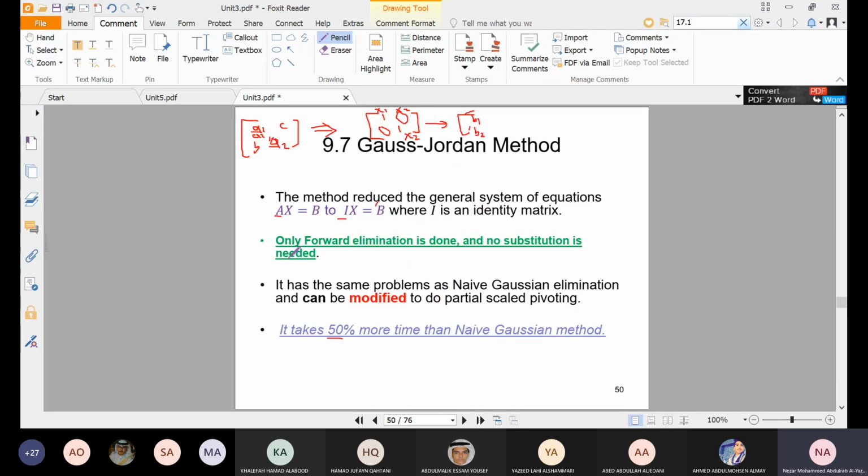Here we used Naive Gaussian elimination in this example, but we can modify it to use partial or scaled pivoting. Any method you can use, because the idea is we do normalization and the rest is the same. And we also eliminate the coefficients above and below the diagonal.